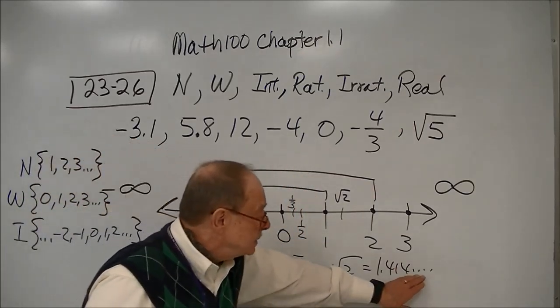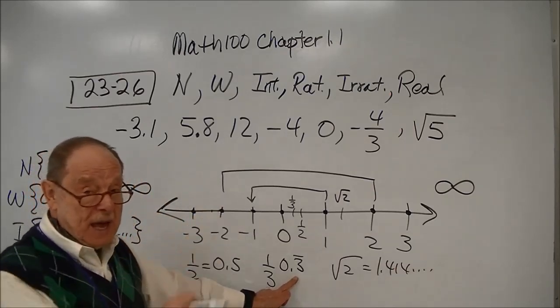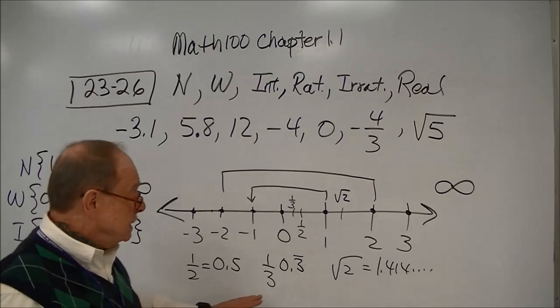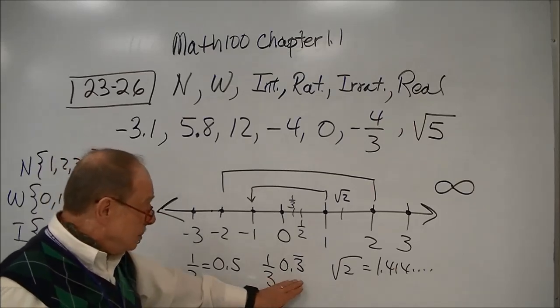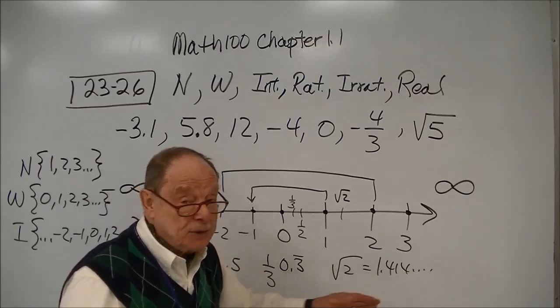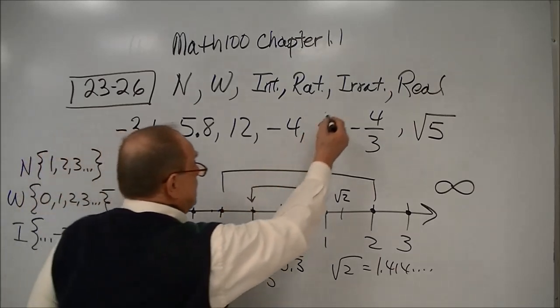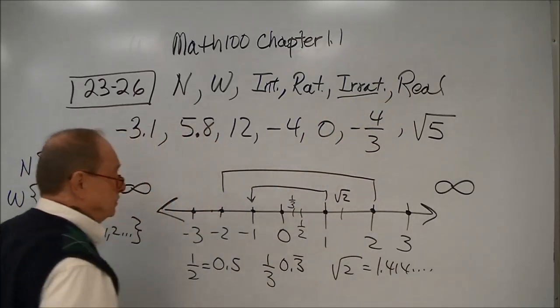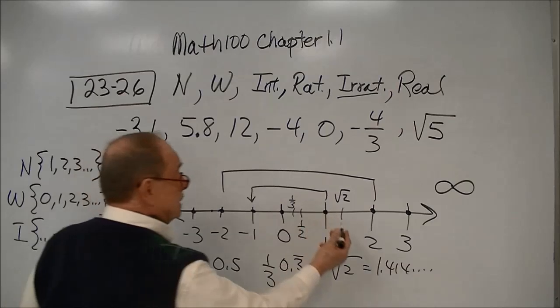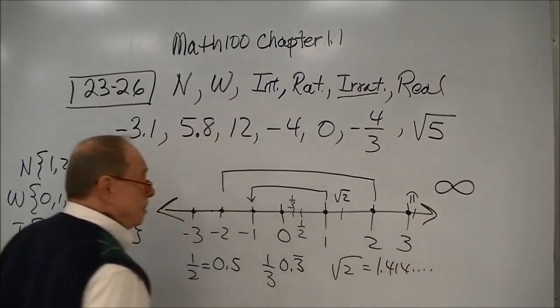We say it doesn't terminate, nor does it have a repeating pattern. If it has no termination and no repeating pattern, we say the number is irrational. But notice it is on the number line, as is pi over here too. Pi is irrational.